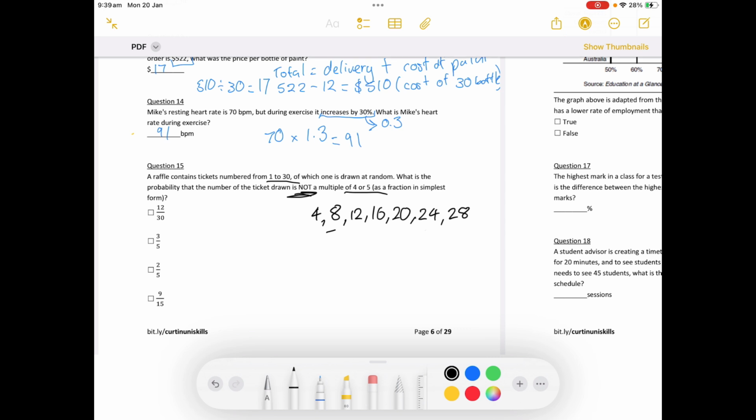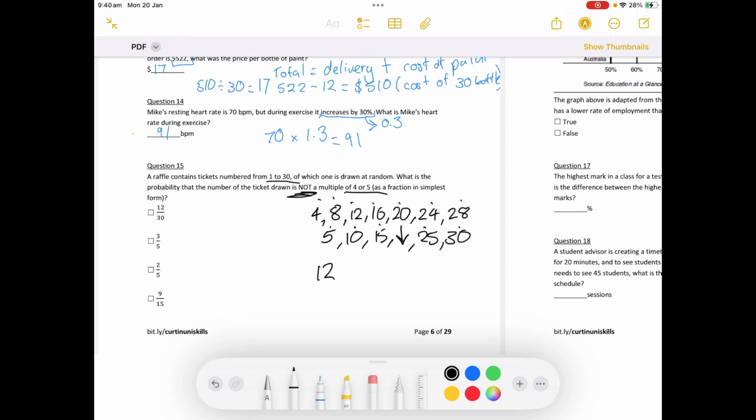So I've got 5, 10, 15, 20, which I've already written, so I don't need to write that again, 25, and 30. Okay, so let's see how many numbers are a multiple of 4 and 5 here. Okay, so I've got 1, 2, 3, 4, 5, 6, 7, 8, 9, 10, 11, 12. So I've got 12 numbers that are multiples of 4 and 5.